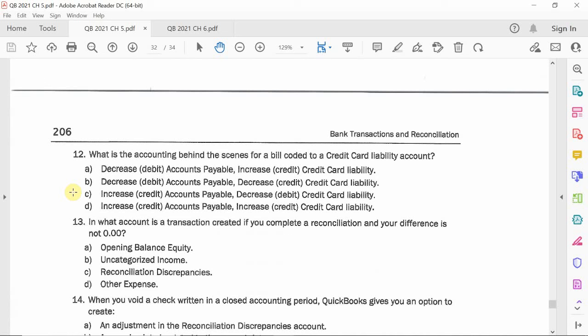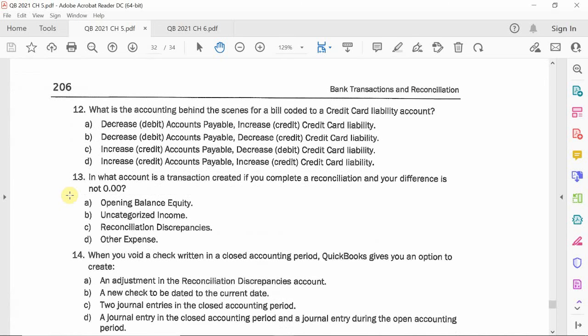Because when you do a liability account, it will increase your accounts payable. So this is entering in the bill, right? We understand that a credit card is going to be similar to an accounts payable, but when we enter it in as a bill, it's going to increase your accounts payable and decrease your credit card, because you're transferring from the credit card liability into an accounts payable by entering in the bill.